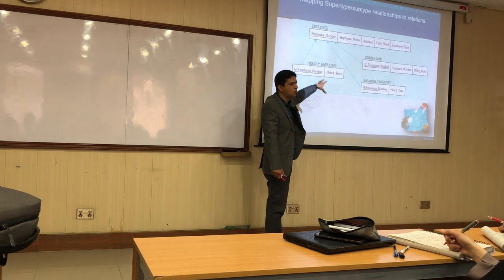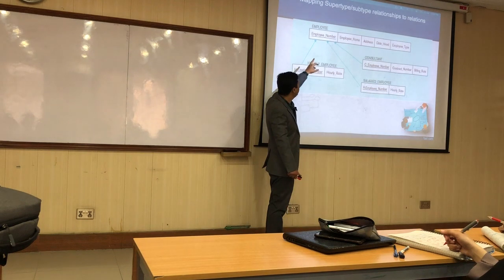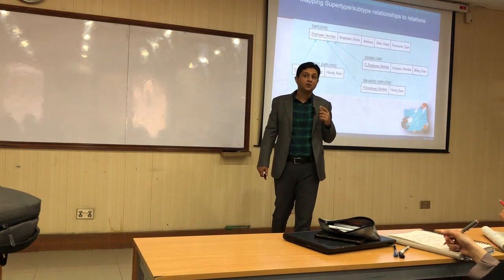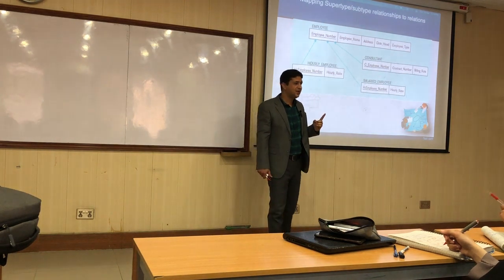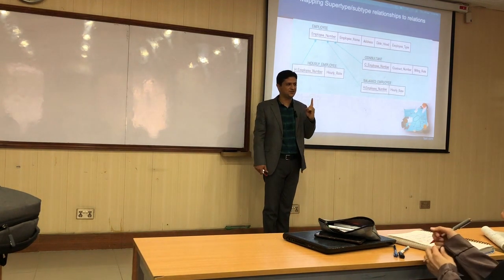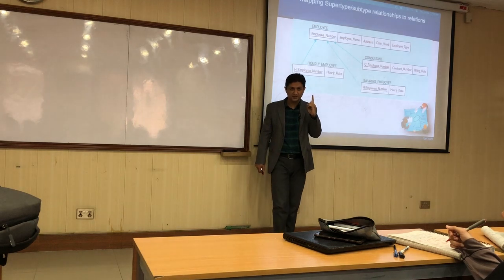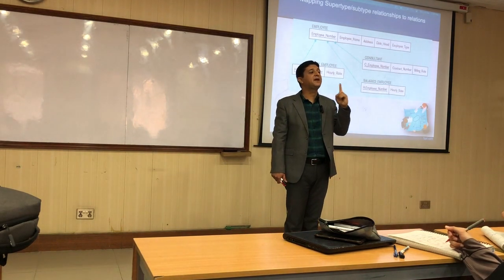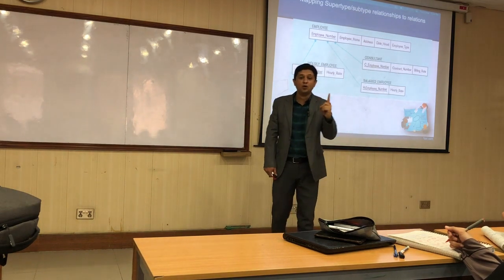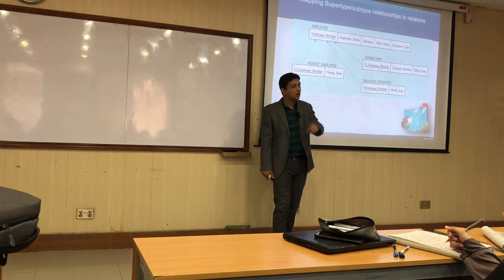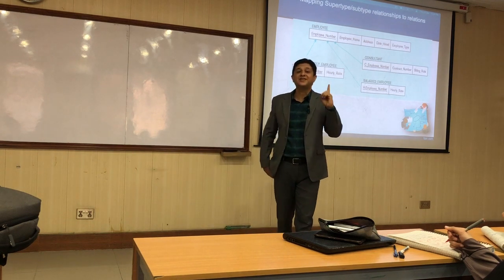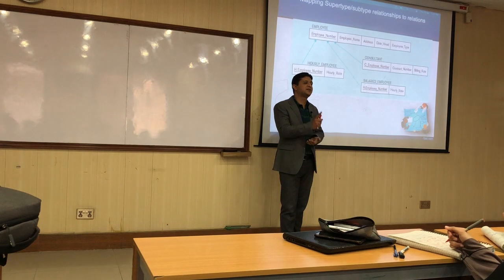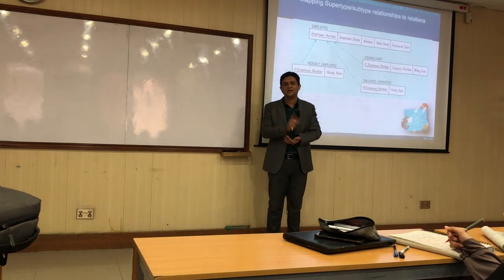And there is a 1 to 1 relationship between the supertype and the subtypes, which means that against one instance of a supertype, a maximum of one instance of a subtype can exist, and the same goes from the other side as well. For one instance of a subtype, at most one instance of the supertype can exist.